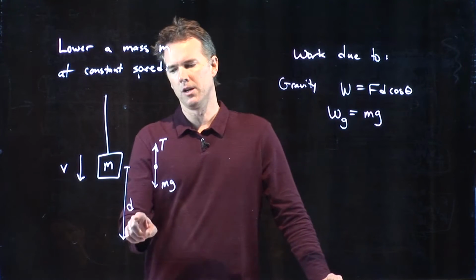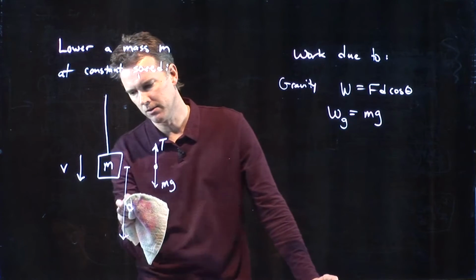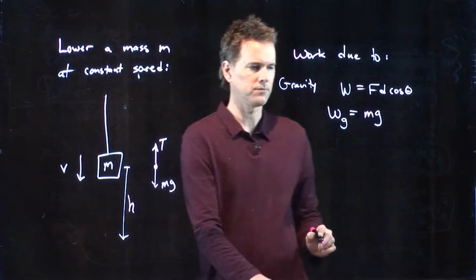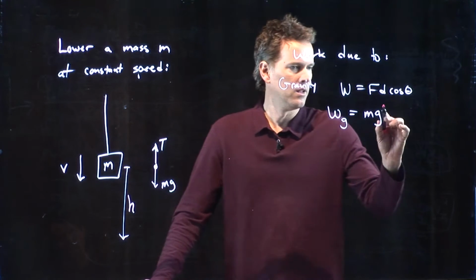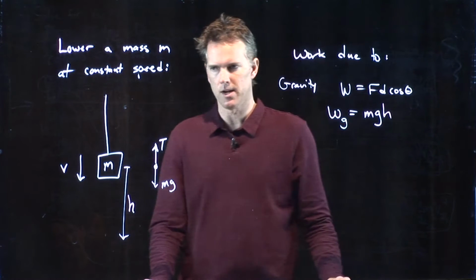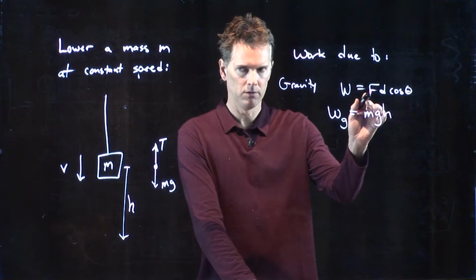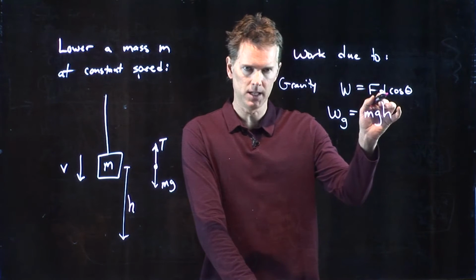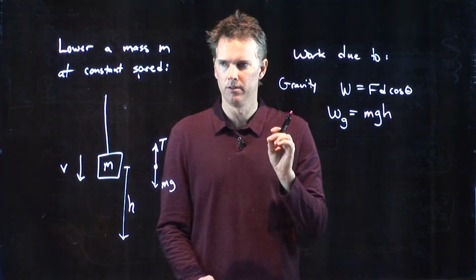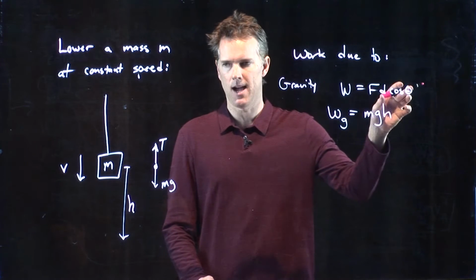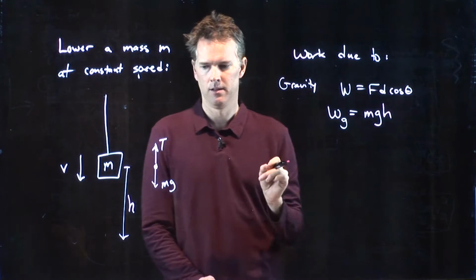The distance that we go, let's call this h because we're used to doing vertical distances as h. So we put an h right there. These are magnitudes. So when you're putting in F and d, those are always positive numbers. Okay? The direction is taken into account with the cosine theta.